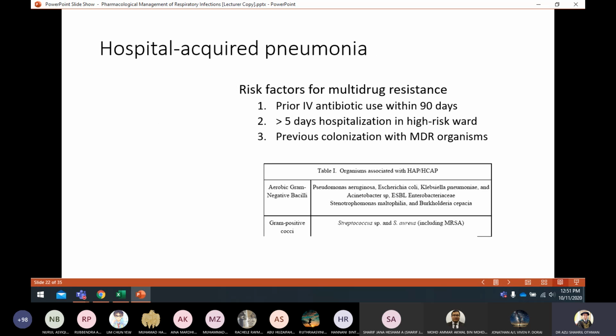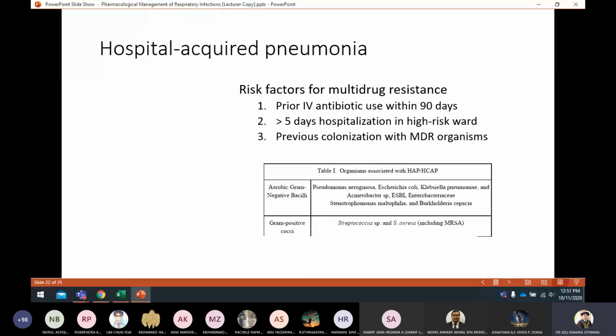Okay, moving on from community-acquired pneumonia, you also have hospital-acquired pneumonia. And the thing with hospital-acquired pneumonia is that you always have to think about resistance.